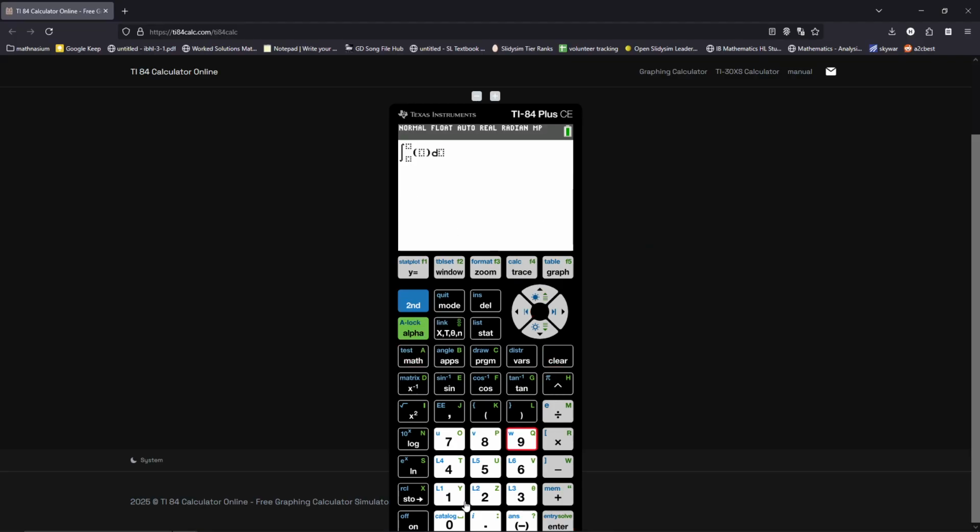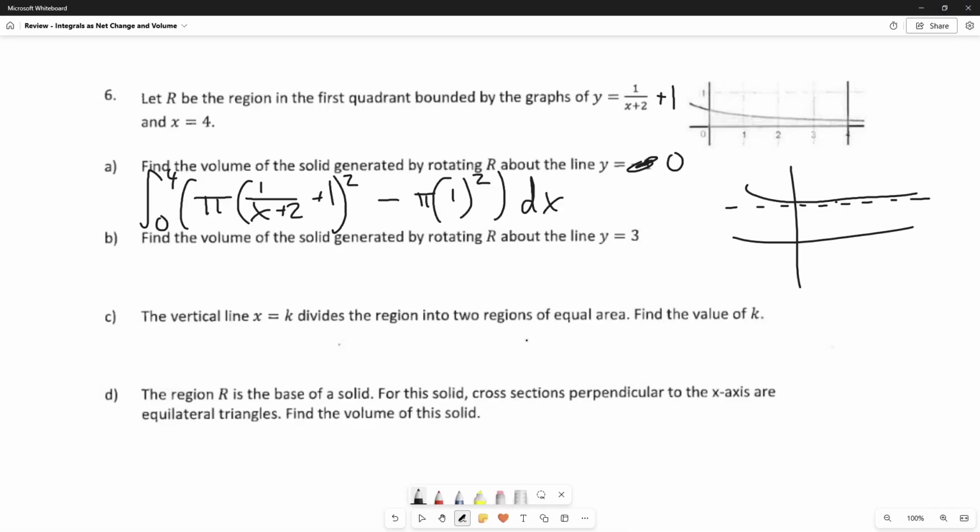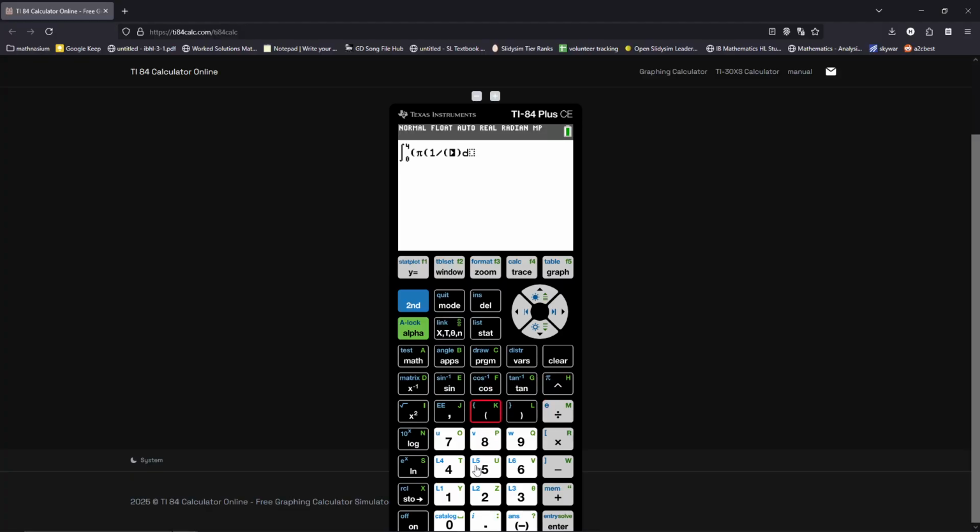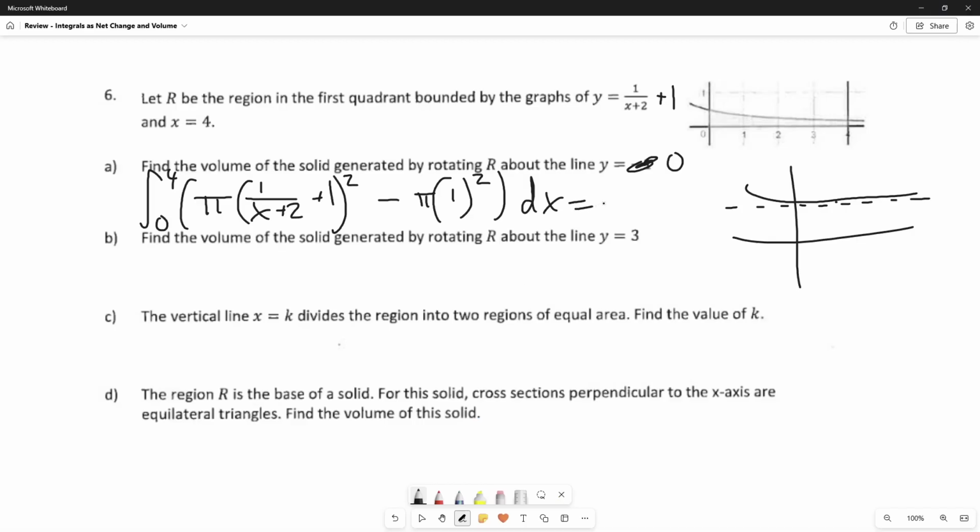So definite integral from 0 to 4 of pi times (1 over x plus 2, plus 1) squared, minus pi times 1, dx. And our answer is 7.95. So 7.95 units cubed is our final answer for part A.